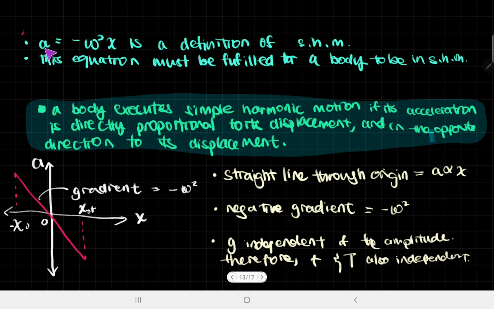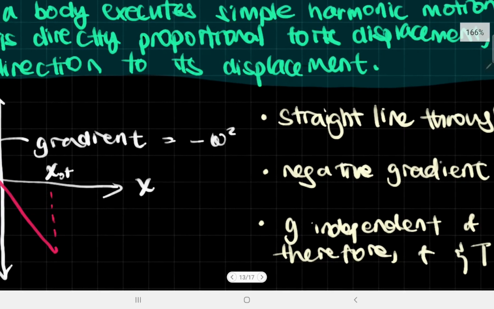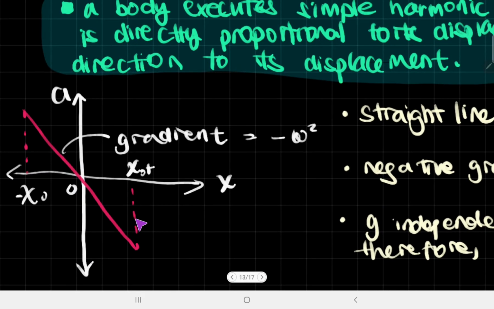The acceleration is in the opposite direction, which we have as the minus here. It's directly proportional to its displacement. The higher the x becomes, the higher the magnitude of the acceleration would become. So if we were to graph the acceleration of the simple harmonic motion object against its displacement, then we would get a graph like this.